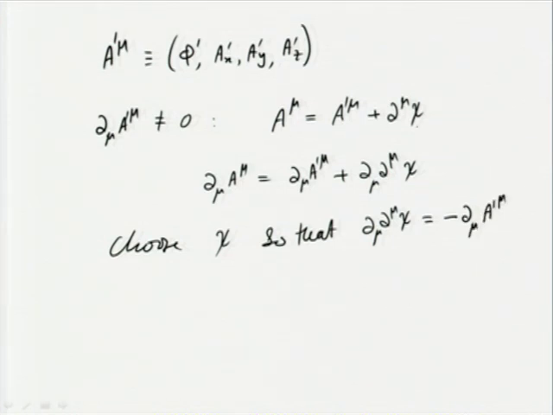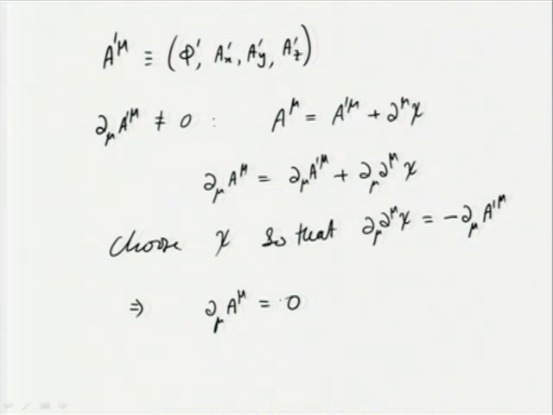Since this transformation is allowed for any scalar function chi, let us choose a scalar function which satisfies the condition dou mu chi is equal to minus dou mu A mu prime. That will then give us dou mu A mu equal to 0. So, we can always choose some scalar function to set the potential to be divergenceless.